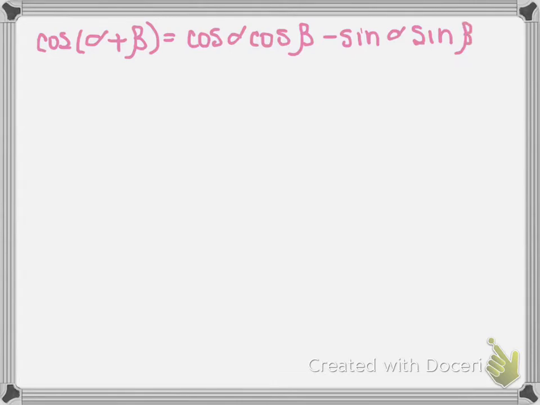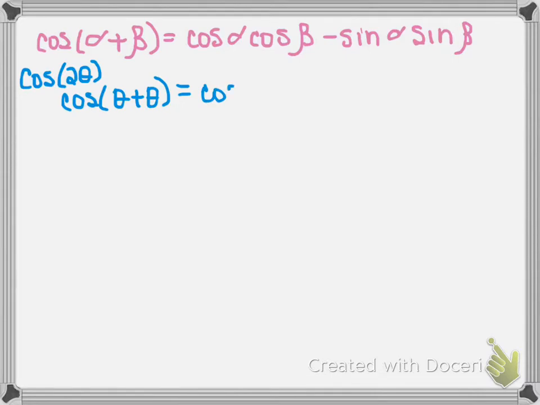All right, so suppose we want to do cosine of 2 theta. Again, that's the cosine of theta plus theta. So if we use our formula, we get cosine theta cosine theta minus sine theta sine theta.